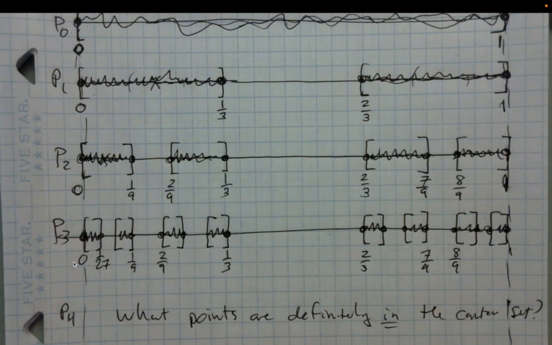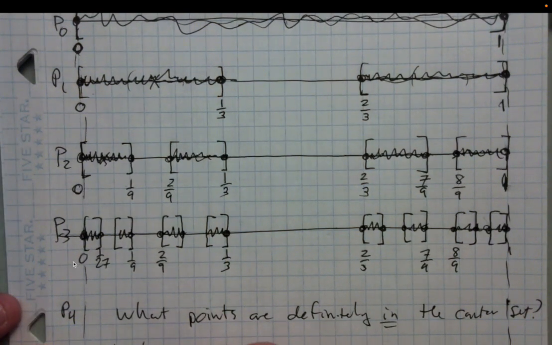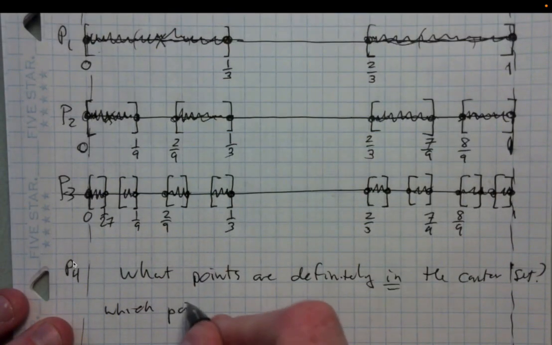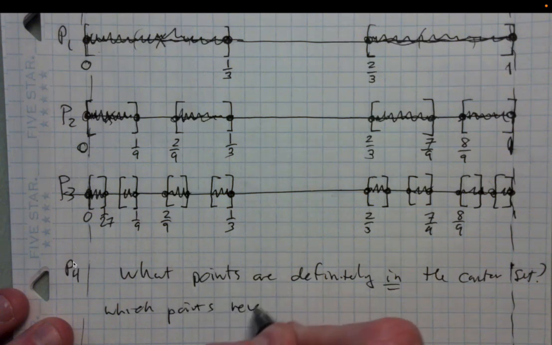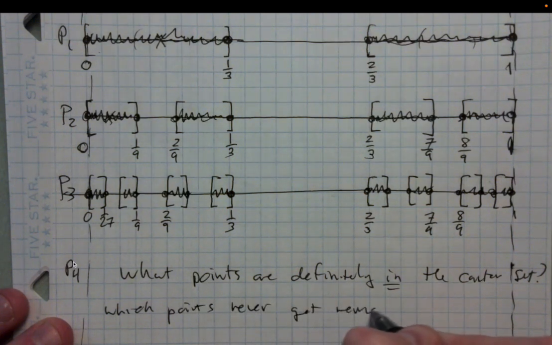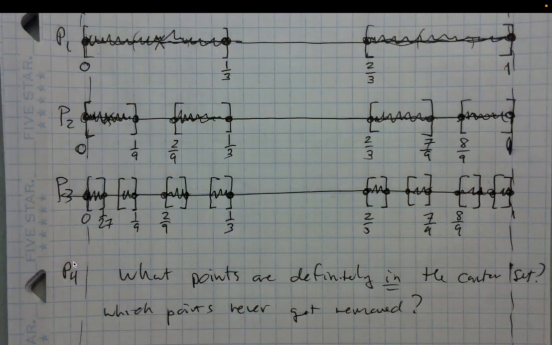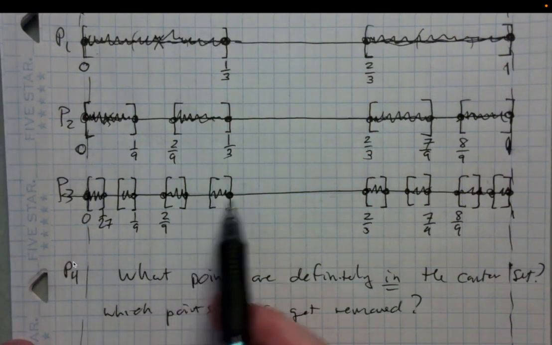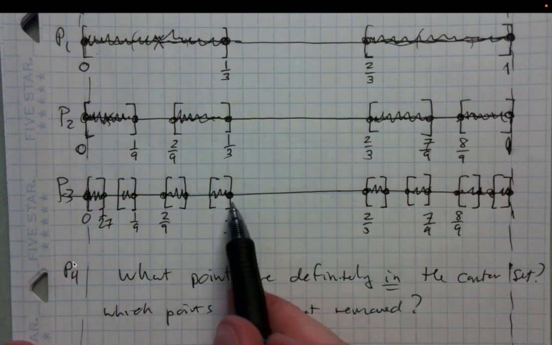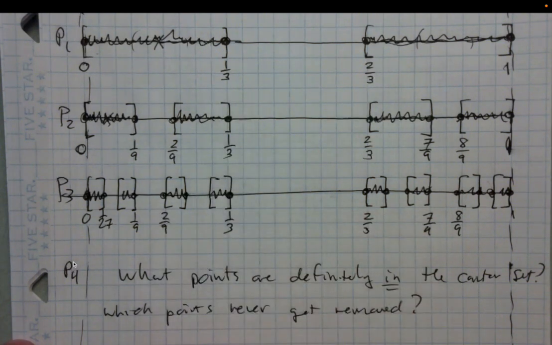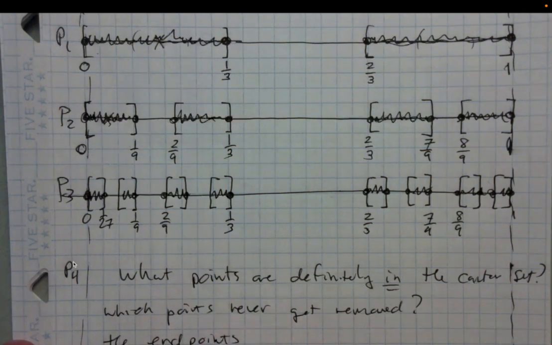Which points do we know stick around? Which points never get dumped? Which points never get removed is really the better question. What points are definitely in the contour set? Well, that really boils down to which points never get removed. And the points that never get removed in the limit are the endpoints.